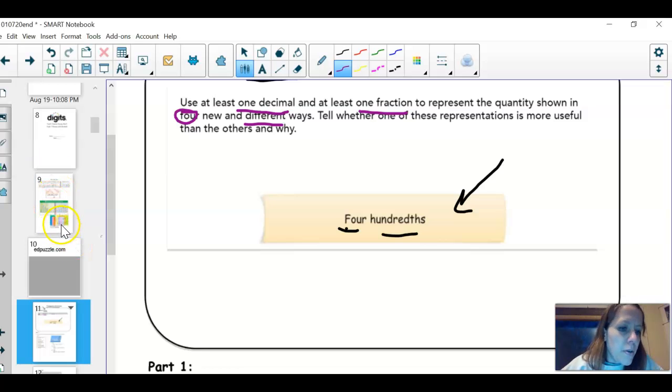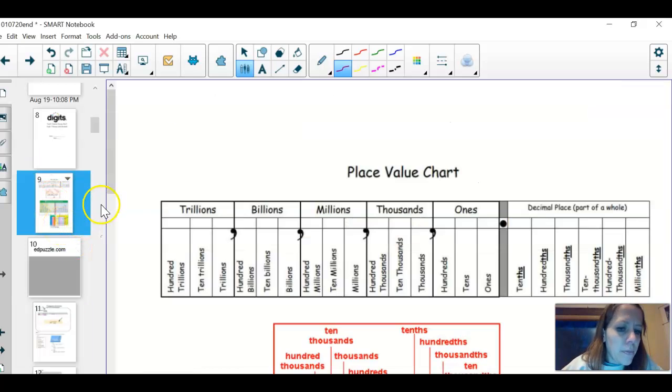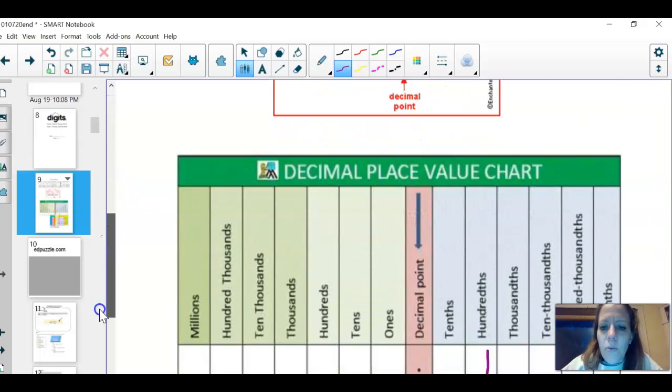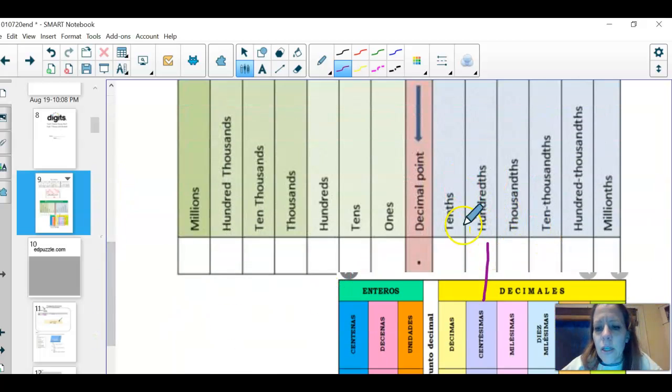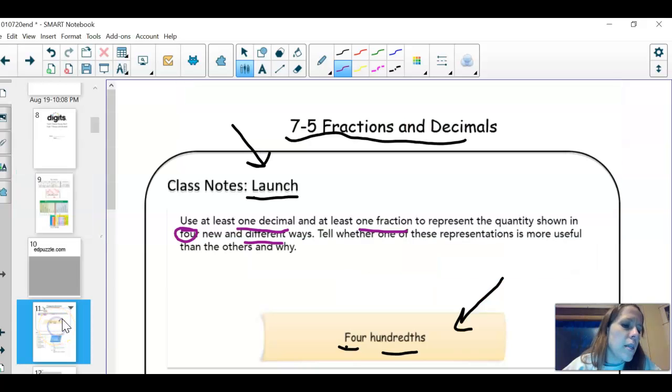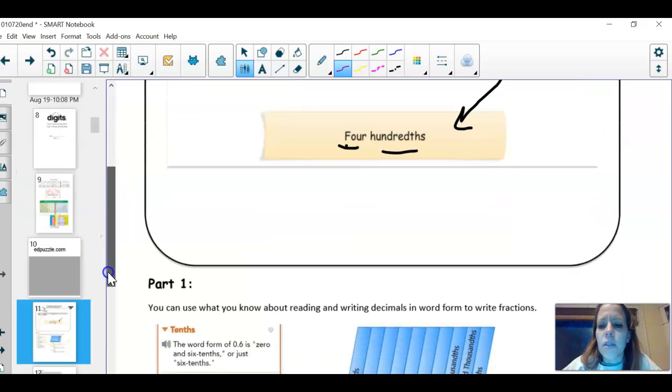Okay, I'm going to start with the decimal. Yo voy a empezar con la decimal. So when I look, I see that hundredths is right here, or centésimas, 0.12. So there's 2 places after, 2 lugares después de punto decimal.